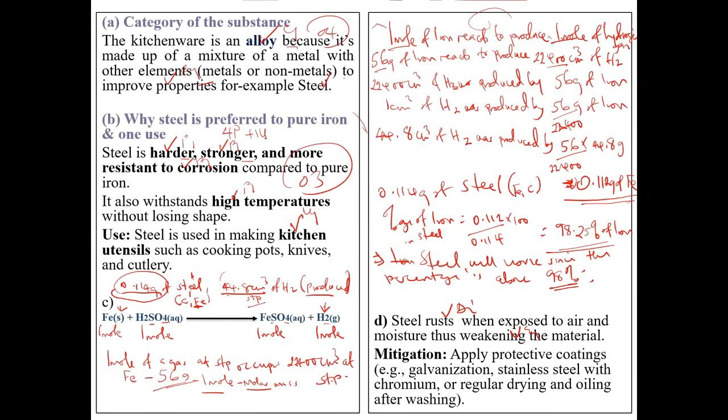This can be mitigated by applying protective coatings. That is the mitigation, like galvanization, stainless steel with chromium, or regular drying and oiling after washing. But you need to put only one. So there we get all our 3 scores. Here we got our 2 scores. And finally we get out of 15.